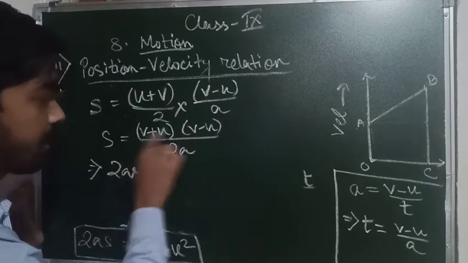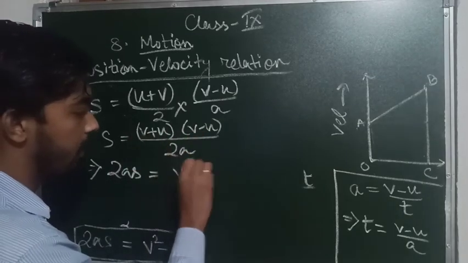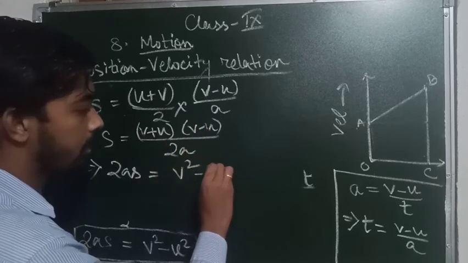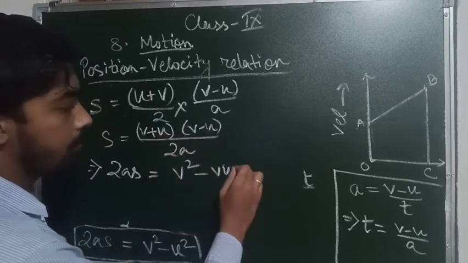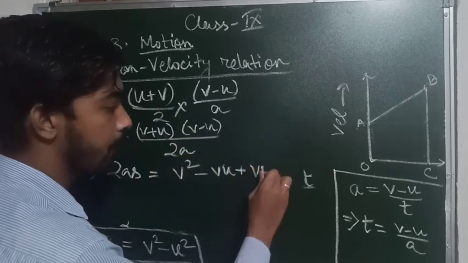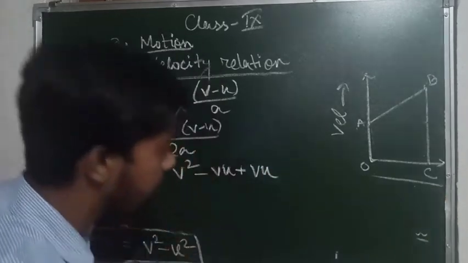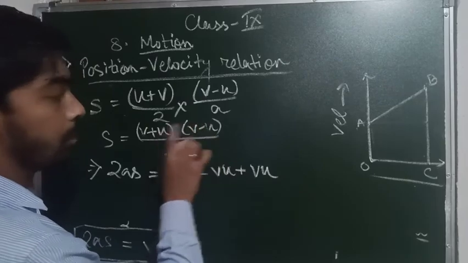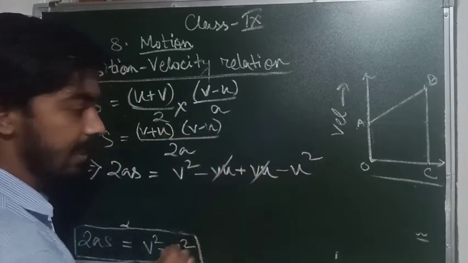2as, which gives us, now we'll multiply this, so v into v, v square, v into u, vu, then plus v into u, vu, and then u into minus u, minus u square. This and this get cancelled.